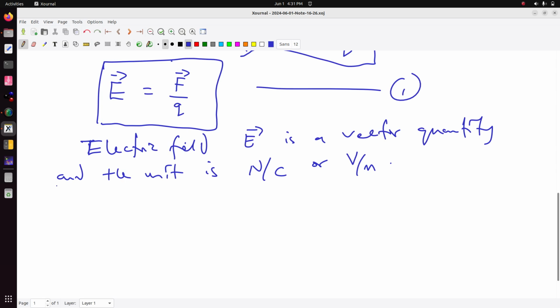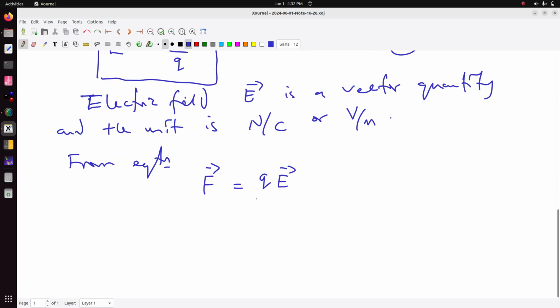Now, from equation 1, if you cross multiply, we can have F, the force, equals QE. So it means if we know the electric field, we can easily determine the force that is acting on the charge.